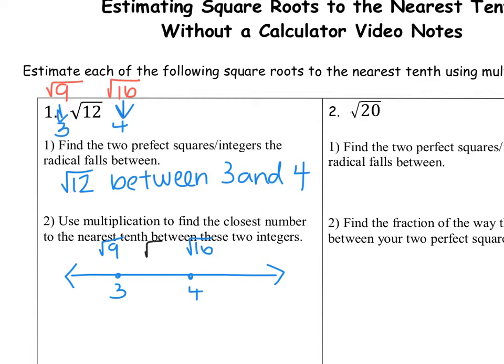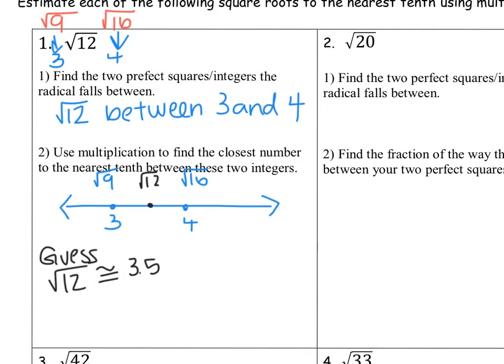So the square root of 12 is somewhere halfway between 3 and 4. So we're going to guess that the square root of 12 is about halfway between 3 and 4, which is 3.5. But to check to see if we're right, we're going to use multiplication.